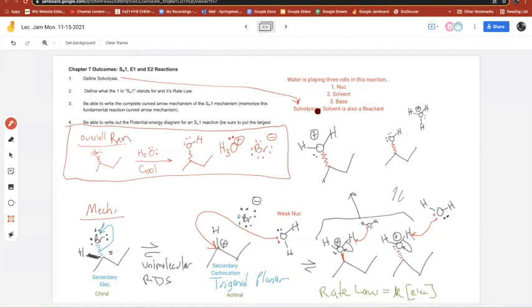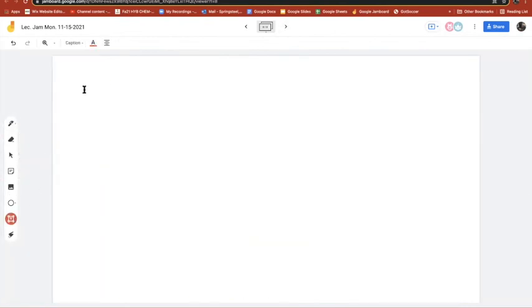Let's look at some examples of what I'm talking about. I'll do it on the next slide. SN1 versus SN2. So SN1: rate equals k times the concentration of the electrophile. It's said to be first order.